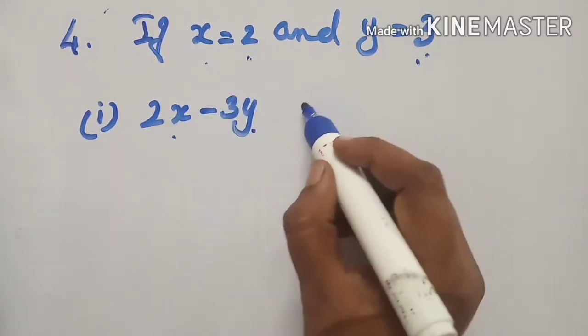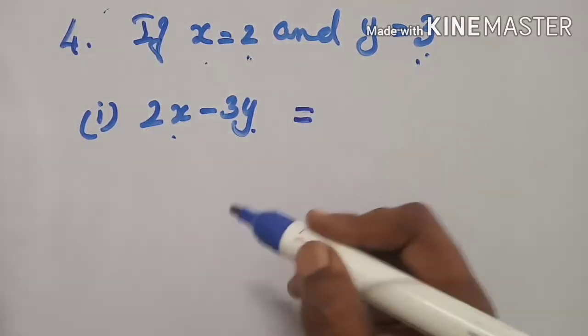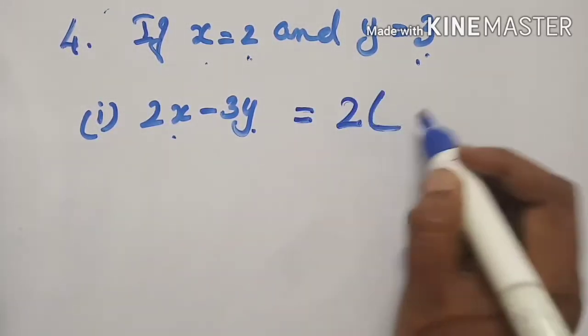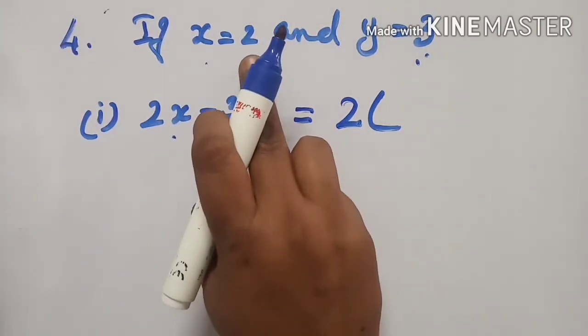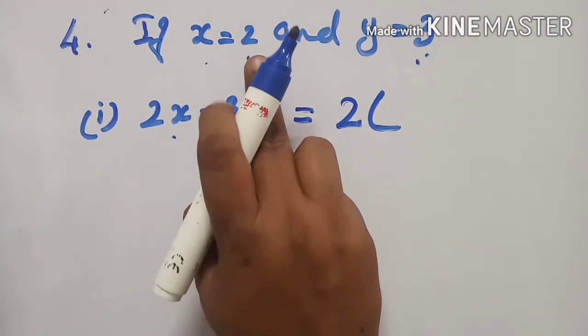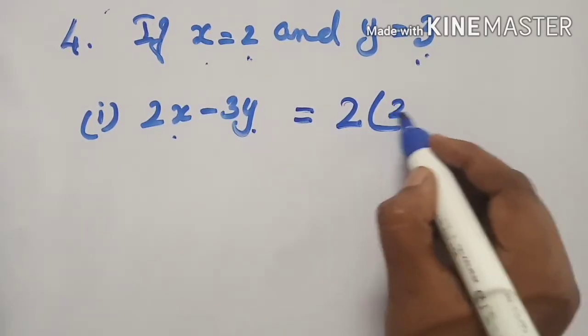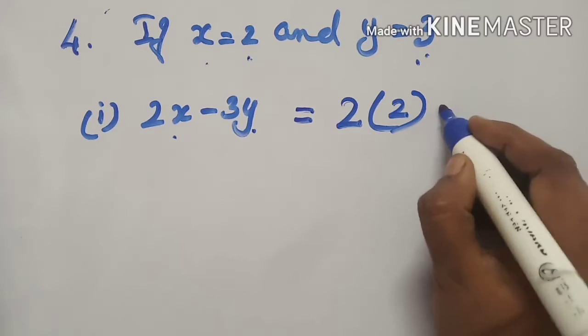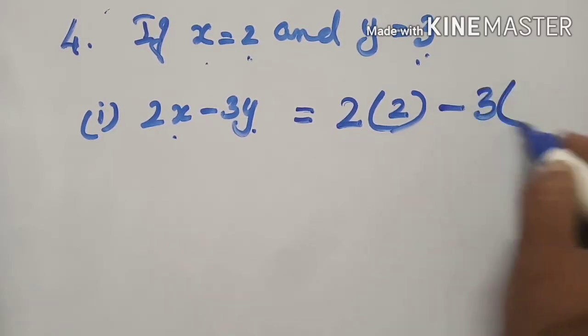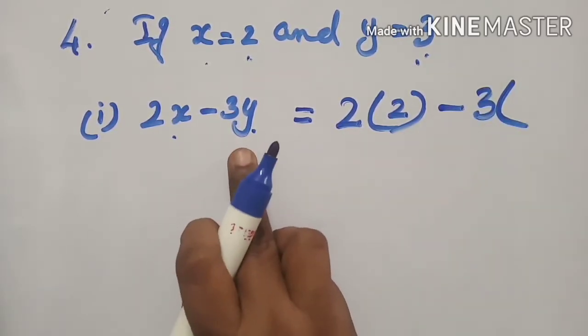So this is equal to, substituting the values, 2 into, instead of x, what is the value of x? 2. So instead of x, write 2 in this expression. Next, minus 3 instead of y.